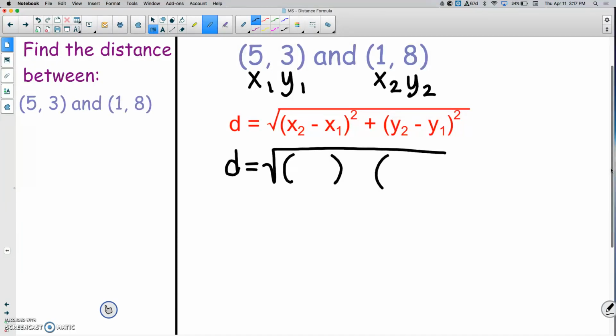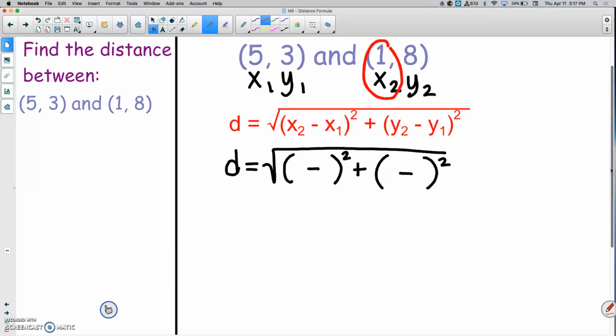We have 2 sets of parentheses, an addition sign, 2 exponents, 2 subtraction signs. So I always like to start out by filling in that part of the distance formula because that part is always there.